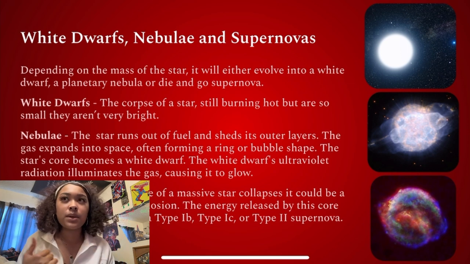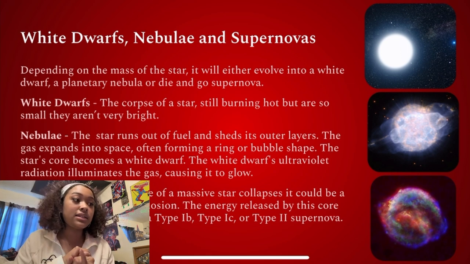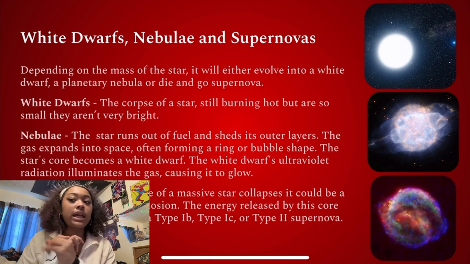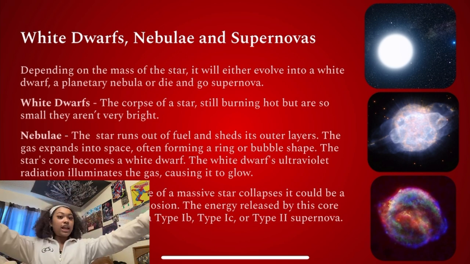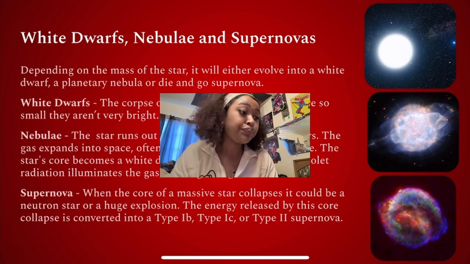Take M42, the Orion Nebula. I believe, no, that's a stellar nursery, but you get the idea. It's just a bunch of gas that's radiating all over, and it's being illuminated by a white dwarf. So that's pretty cool.